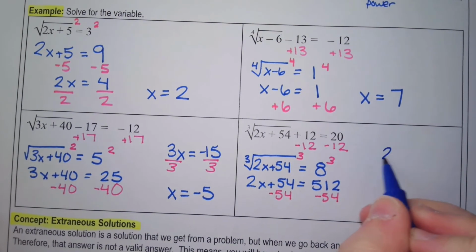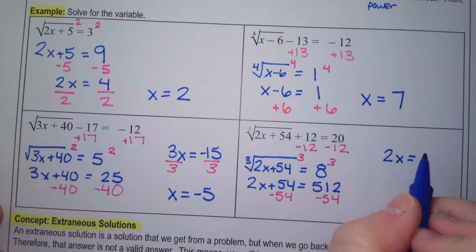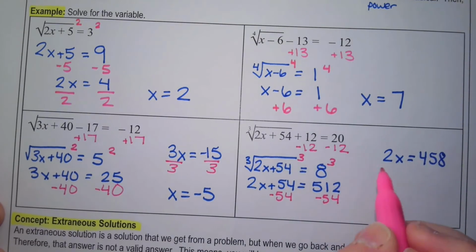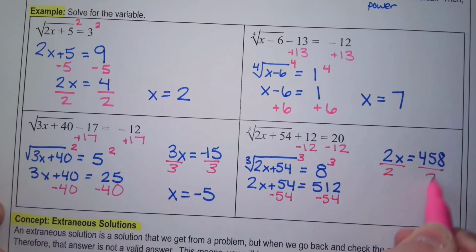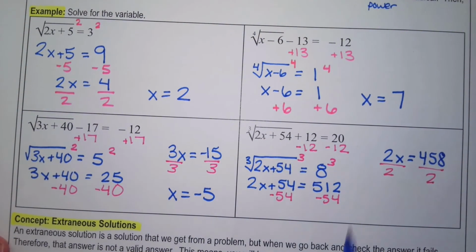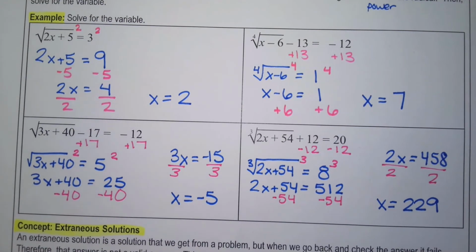And we get 2x is equal to 458. Divide by 2. And we get x equals 229. So there we go. So that is when we have a single radical.